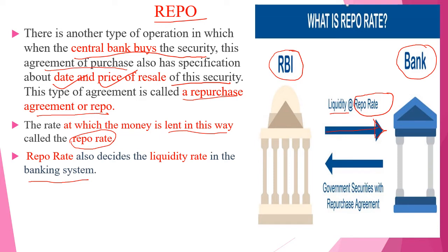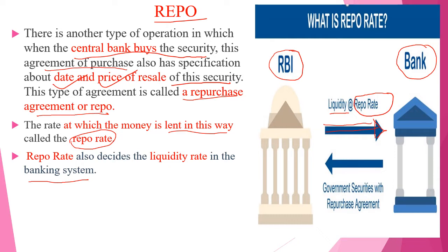In the case of repo rate, as we already said, repo rate means the lending rate. That is the rate at which a commercial bank takes loans from the Reserve Bank of India, or the rate at which the Reserve Bank of India gives loans to commercial banks. And one thing you have to understand here: the definition says that the central bank buys the security.